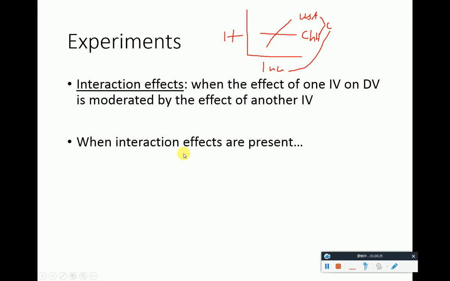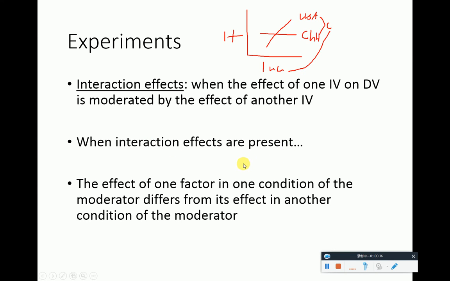Well, actually there is, and it's quite a mouthful, so be prepared. We say when an interaction effect is present, the following must be true: the effect of one factor in one condition of the moderator differs from its effect in another condition of the moderator.